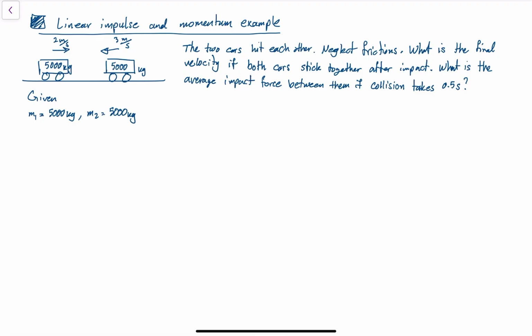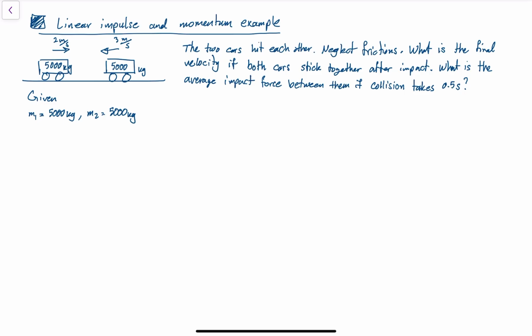Now we are dealing with a multi-state, multi-phase problem. We have the cars moving close to each other. That is one phase. We have the phase of collision. We don't know what happens during collision, likely a very complicated process.